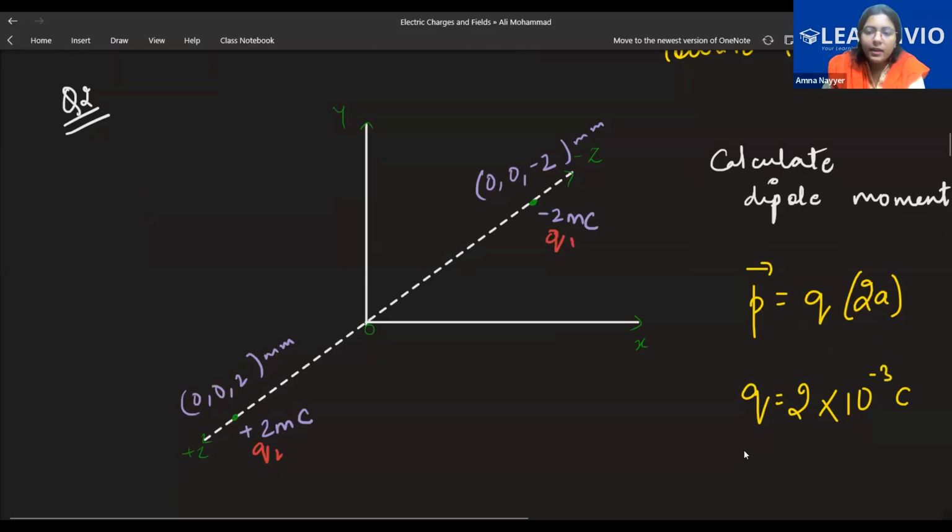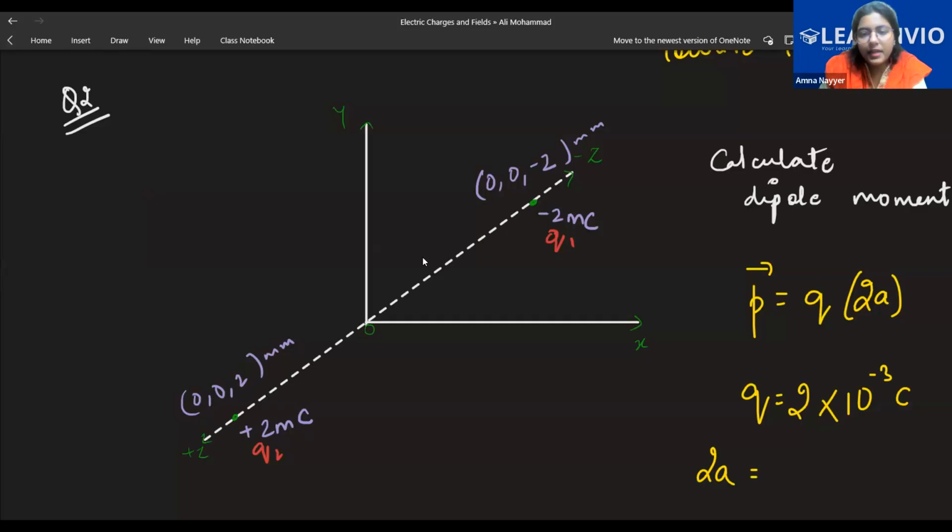Okay. Now, Ali, can you tell what is 2a in this question? Four into 10 to the power minus 3. Yes, right.